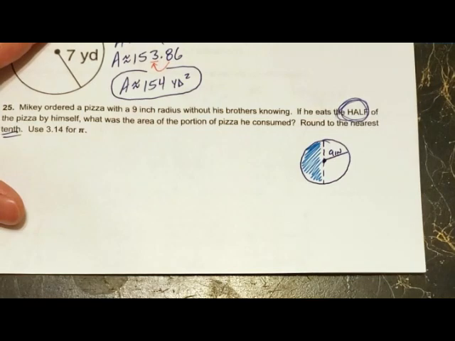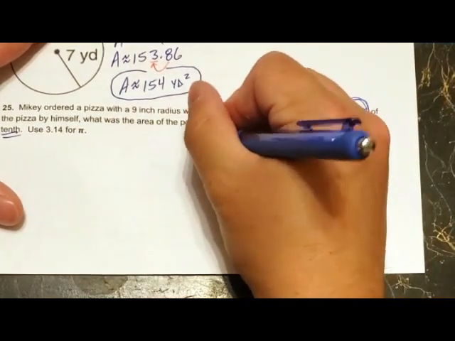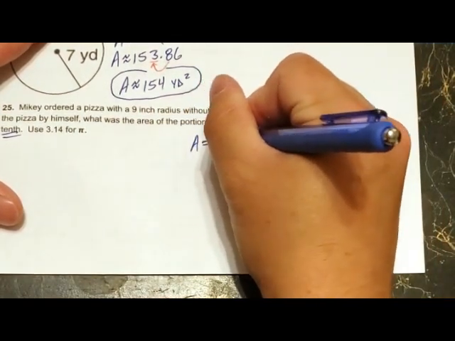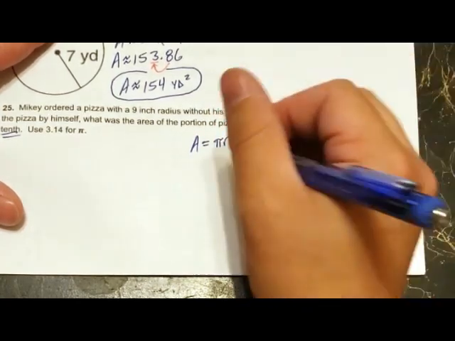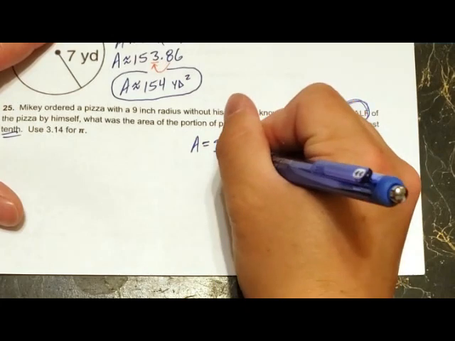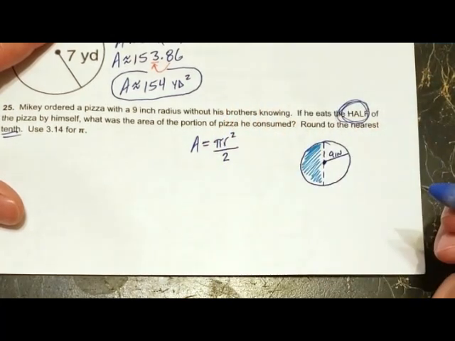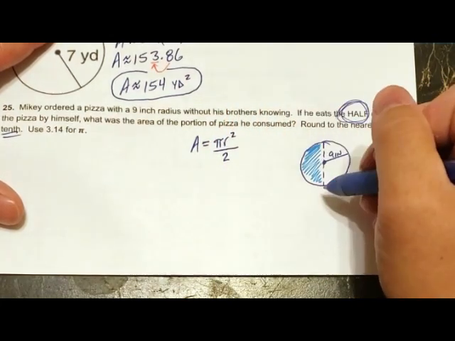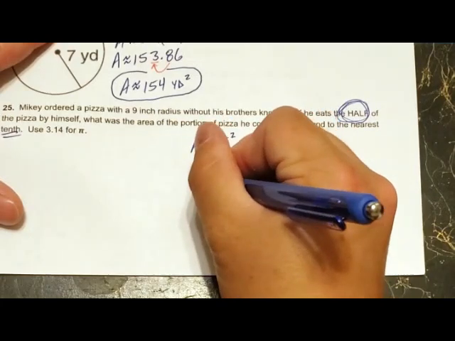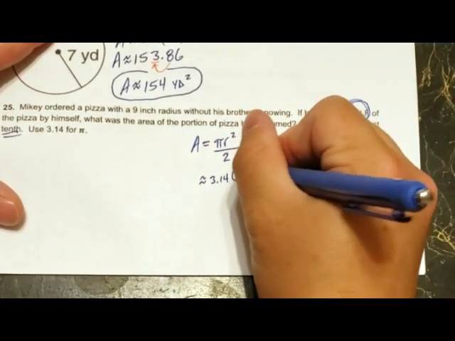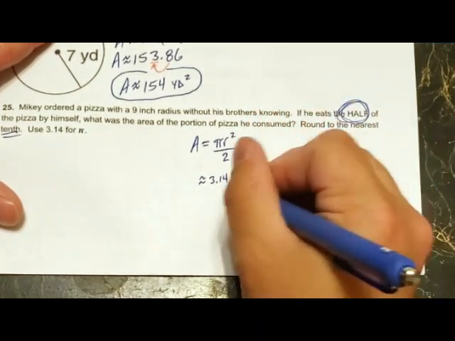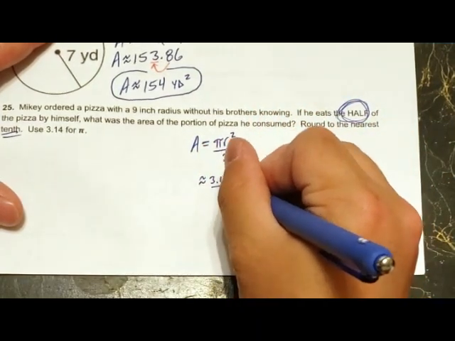It is not. All right, so for this one, we are going to find a equals pi r squared. But since he only ate half of it, we need to divide whatever that area is by 2, because he just ate half of it. So we got 3.14 times 9 squared divided by 2.